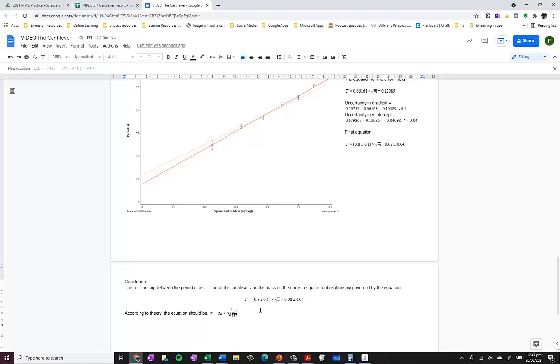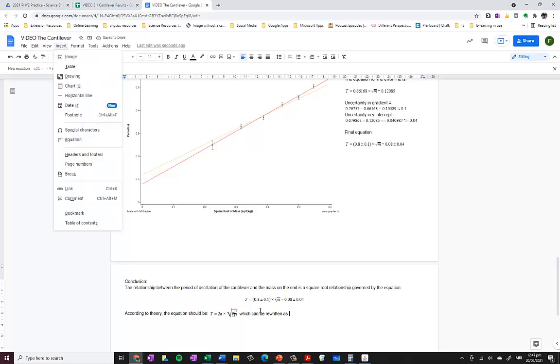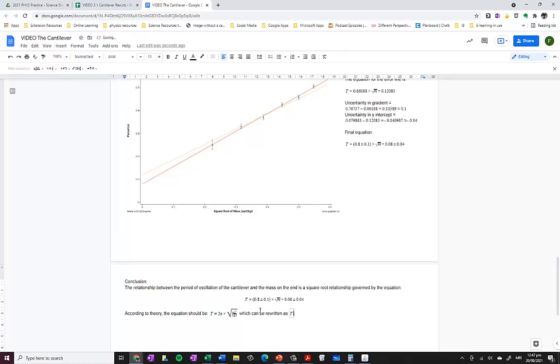This equation can be rewritten as T is equal to 2 pi times /SQRT /FRAC, and that's L cubed over 3EI, and I'll explain what I'm doing here.